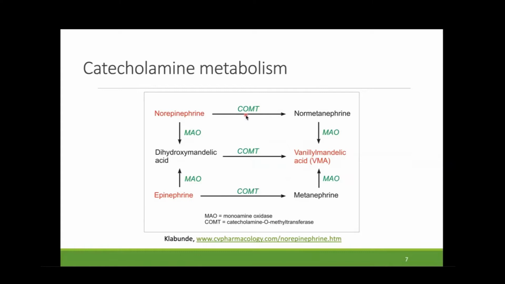And they will then form these particular products, normetanephrine or metanephrine. Now, either of these products can be acted upon by MAO to form vanillylmandelic acid, which we often abbreviate VMA. Now, these are important metabolites because they are used to assay for abnormally elevated production of catecholamines in the body.